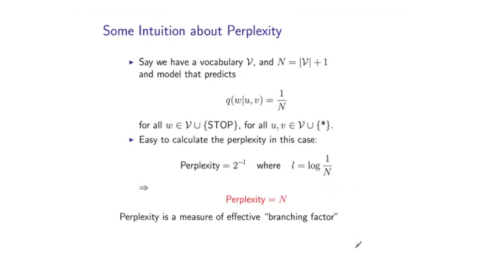So one thought experiment is the following. Say we have some vocabulary V as before, and I define capital N to be the size of V plus 1. And let's say I have the dumbest possible language model where each parameter is just 1 over capital N. So remember, w in this case can be any value in V, or it can be the stop symbol.